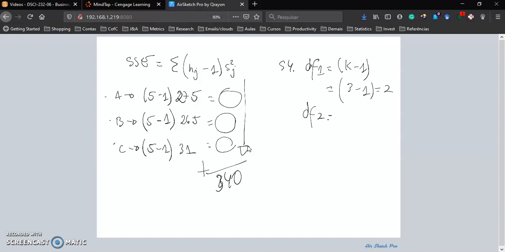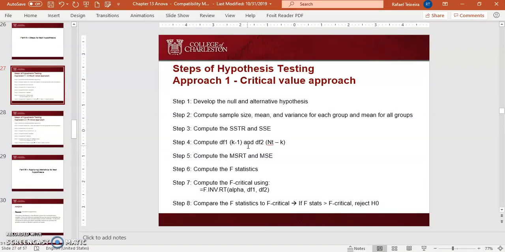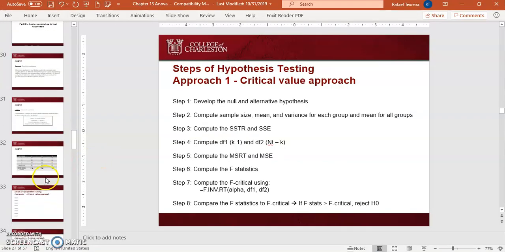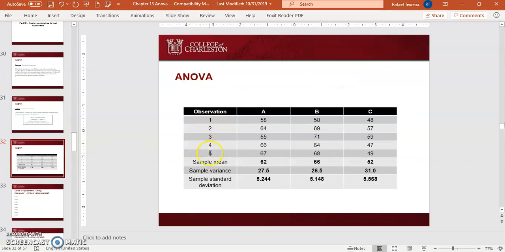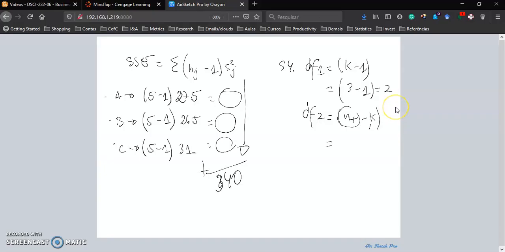Degrees of freedom 2 is equal to total sample size minus k. I have 3 groups and 5 people in each group, 5 multiplied by 3 is 15. 15 minus 3 groups is 12.